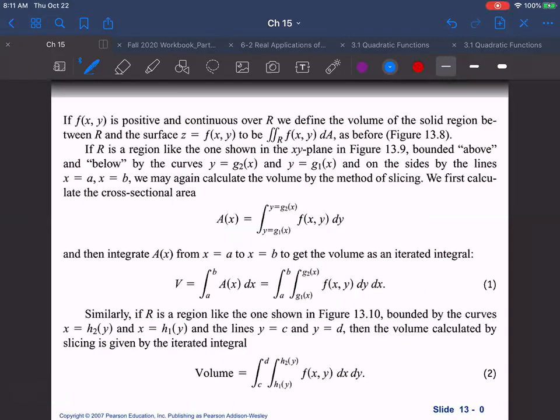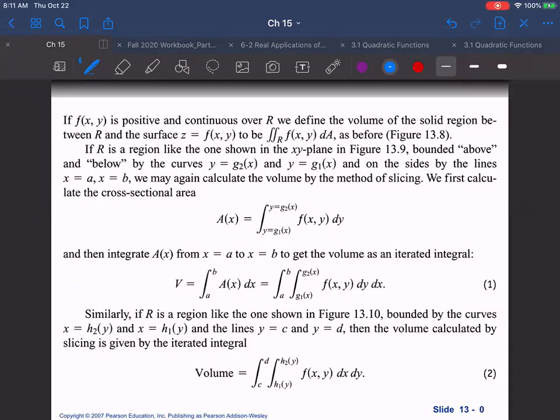So if f of x y is positive and continuous over R, we define the volume of the solid region between R and the surface z equals f of x y to be that integral there, the areal integral, as before. If R is a region like the one shown in the xy plane in figure 13.9, bounded above and below by the curves g2 of x and g1 of x and on the sides by the lines x equals a and x equals b, we may again calculate the volume by the method of slicing.